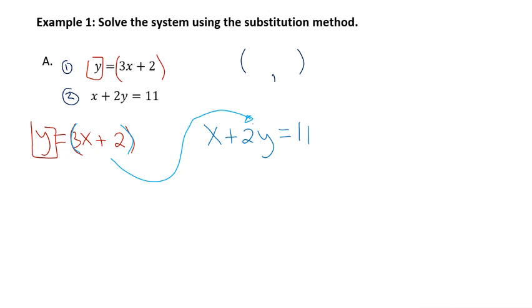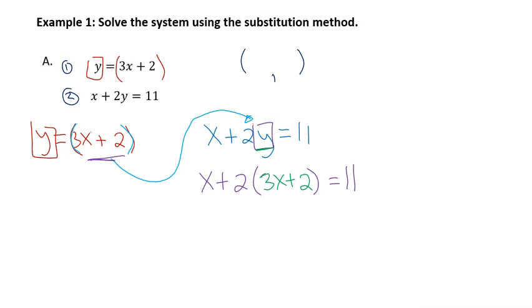Wherever I see a y, I'm going to box it, rewrite the equation, and in its place leave a parenthesis. In place of that y, I'm going to substitute the expression 3x plus 2.